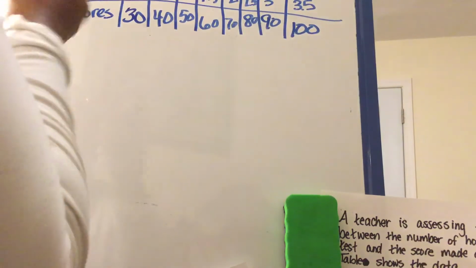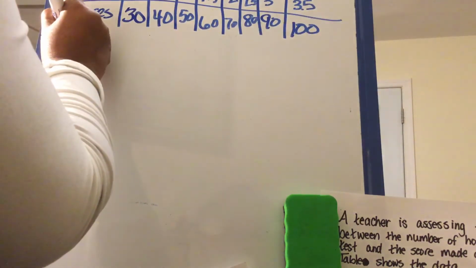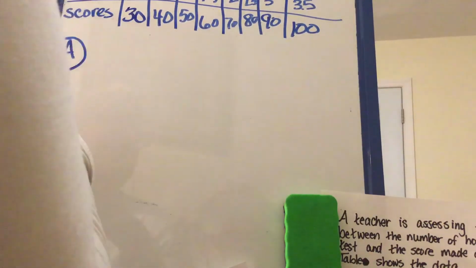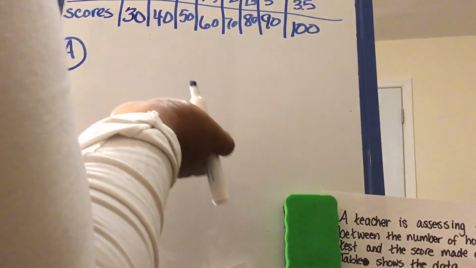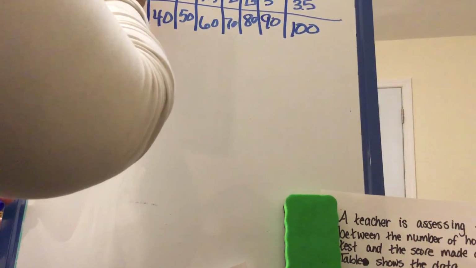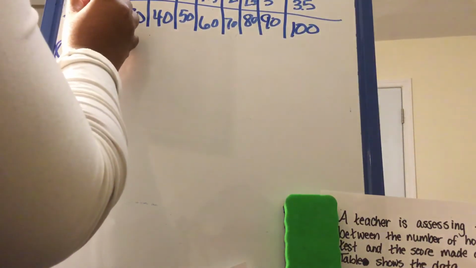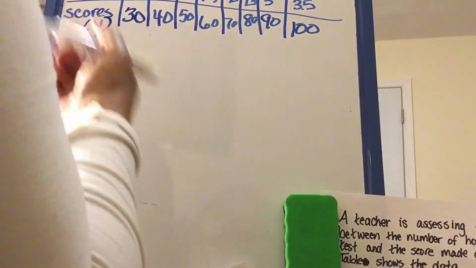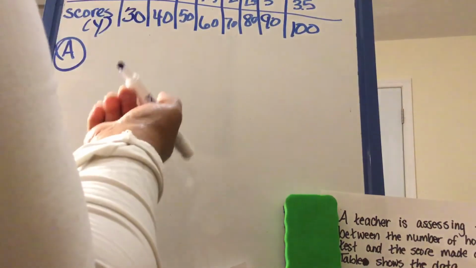So, A says, what is the correlation? Or is there a correlation? Well, how do I find out is there a correlation? Because this is X. I forgot to put X. This is X and there's Y. Now, how do you find out the correlation? What you do is you subtract.